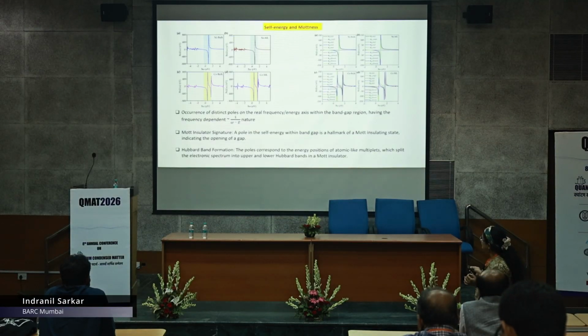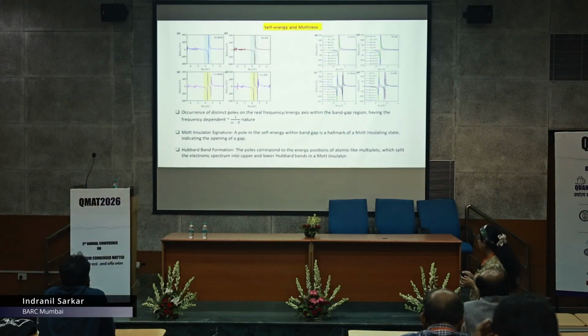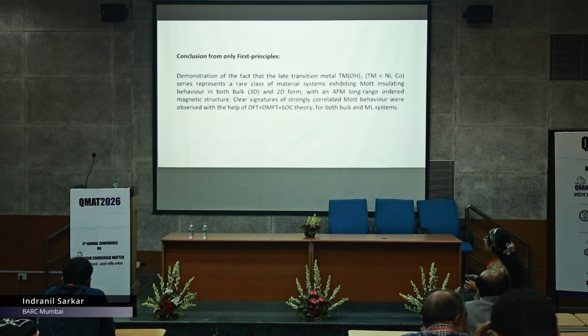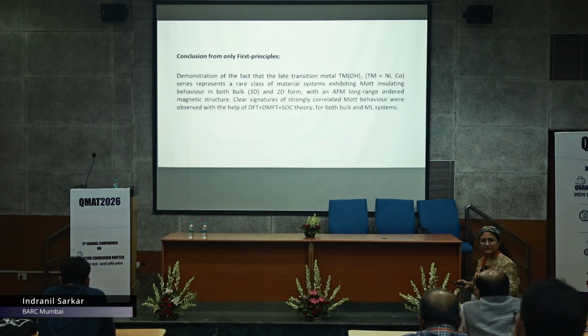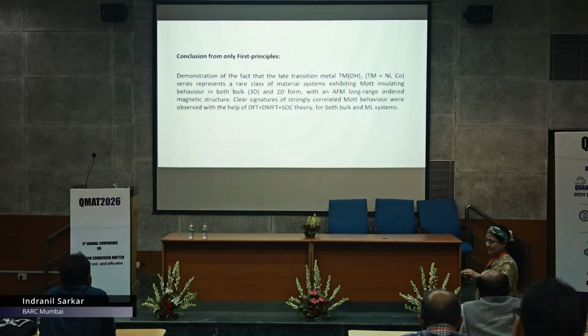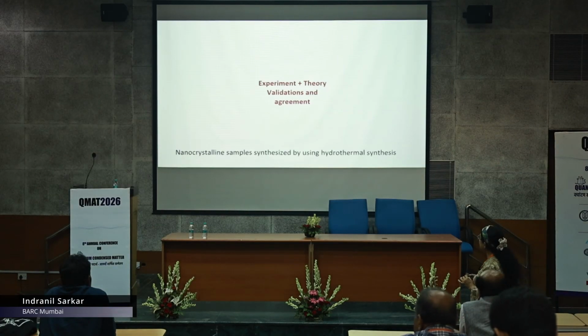This is a typical Mott insulating signature, a hallmark of being a Mott insulator. We have more details here, which I do not have much time to cover. But from first principles, we have shown that this is a Mott insulator in an antiferromagnetic insulating state, in both bulk 3D and 2D form.